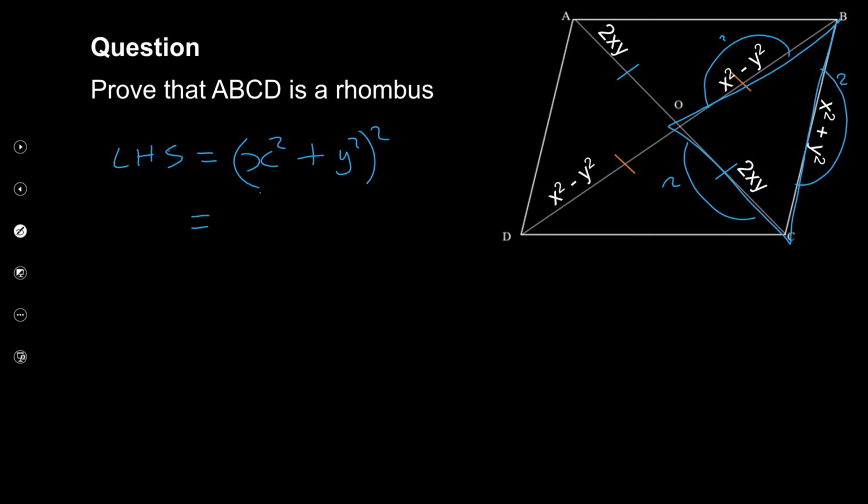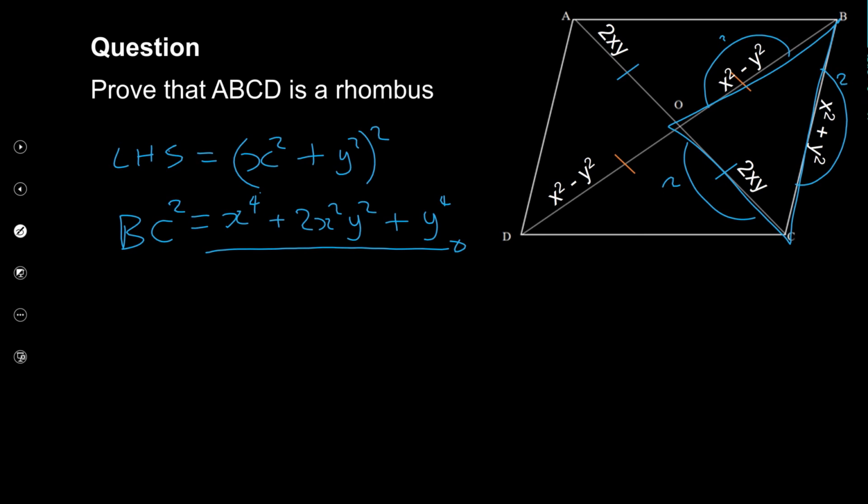So to square this, it will be x to the 4 plus 2x squared y squared, and then plus y to the 4, right? And that's what I will have there. So it will be those two times together times 2, yes. So this is what I will have on the left-hand side. And by the way, my left-hand side is BC squared.